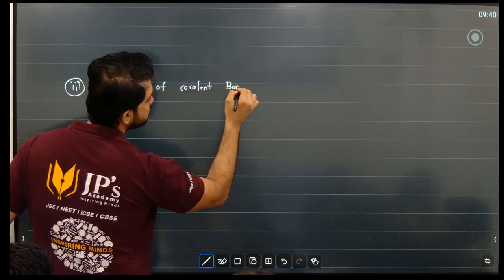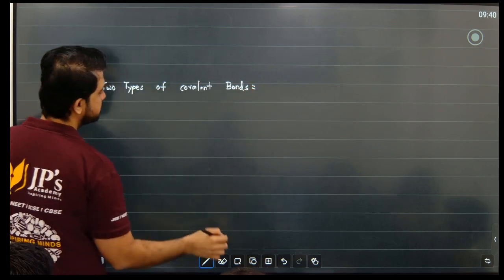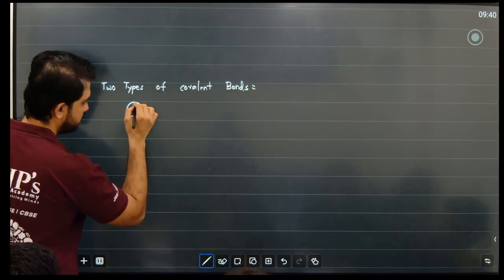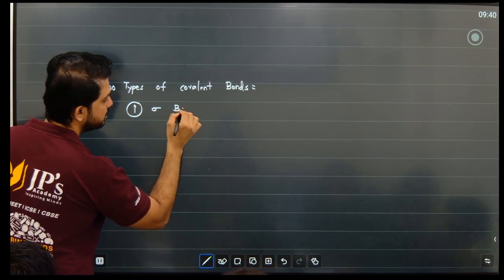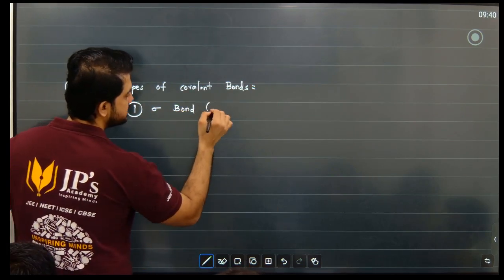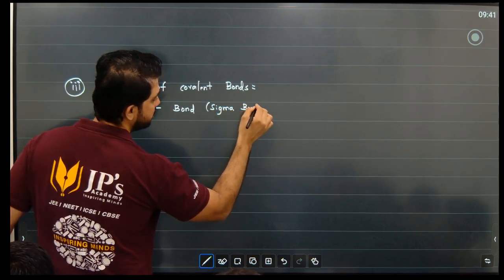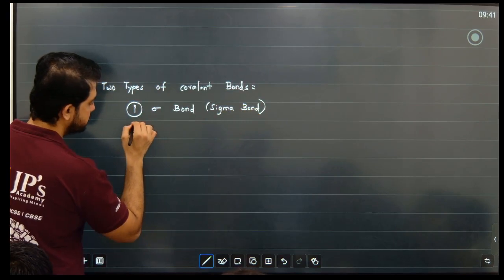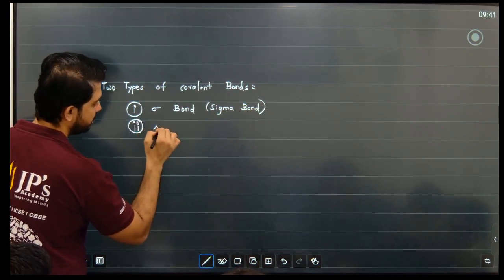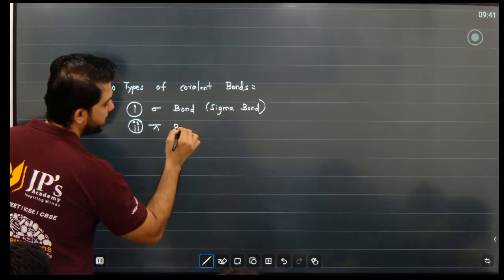And the two types of covalent bonds are called, first, sigma bond. Okay, this is read as sigma bond. And the second type is called pi bond.